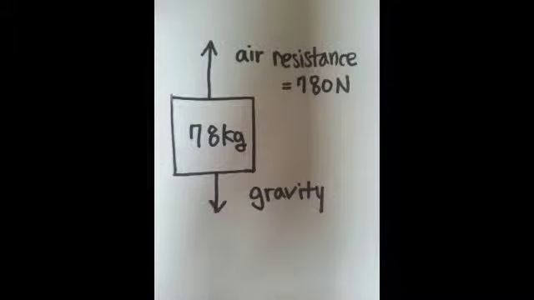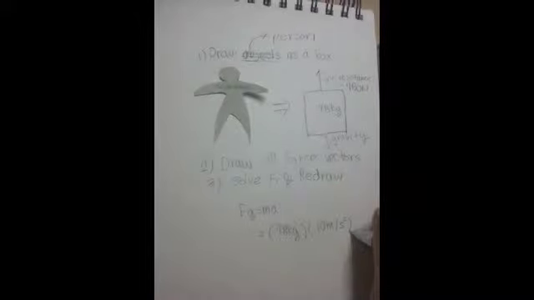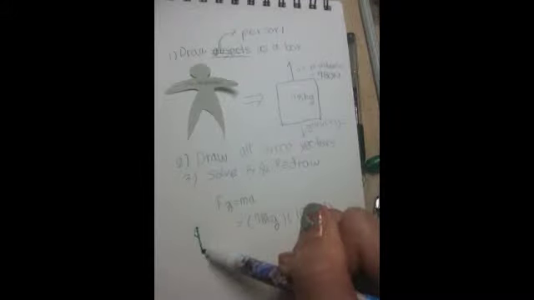Then, draw all force vectors. To explain the forces furthermore, the force acting upward is the air resistance, and the force acting downward is the gravity. Now, solve the numbers and put them beside the box. Finally, you've created your own free body diagram.